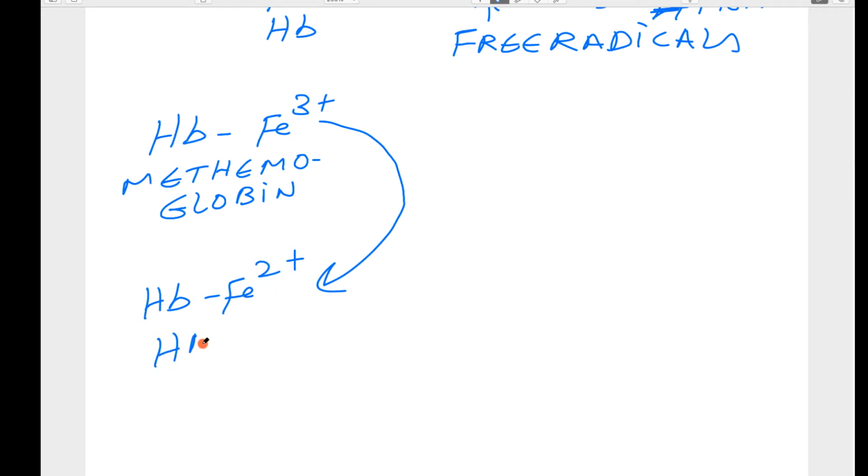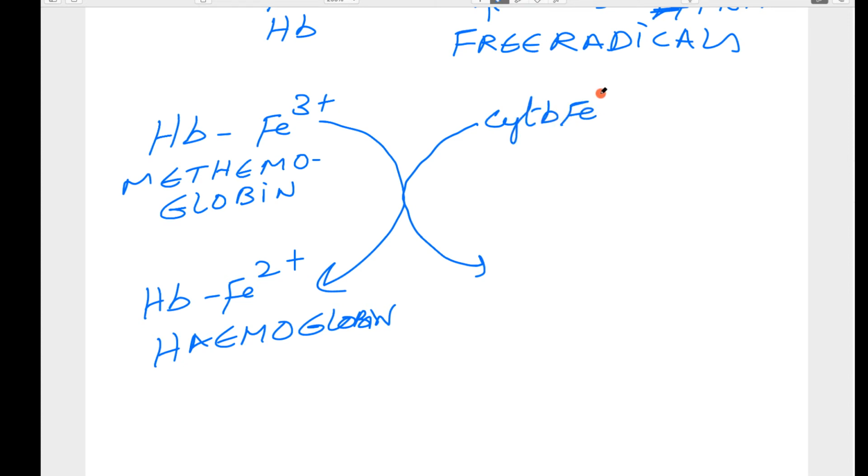There is an enzyme system containing cytochrome b5 Fe2 plus, which is converted to cytochrome b5 Fe3 plus by the action of methemoglobin reductase.